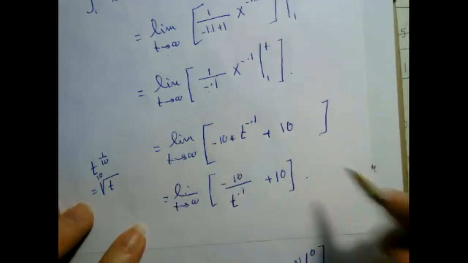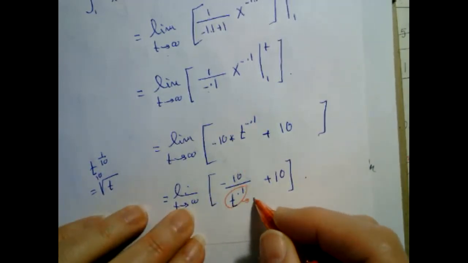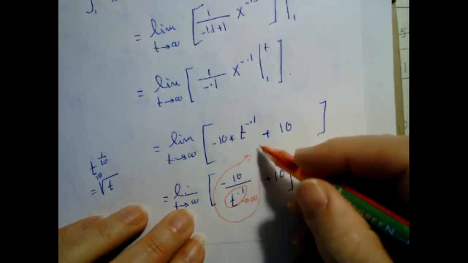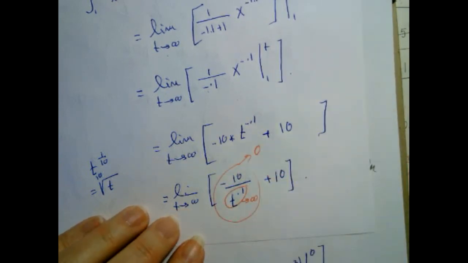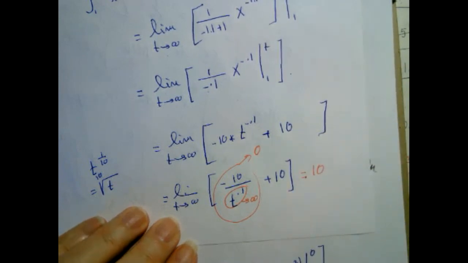So when t goes to infinity, what's going to happen? This one goes to infinity, and the whole thing will go to 0. And this is equal to 10. Absolutely converges.